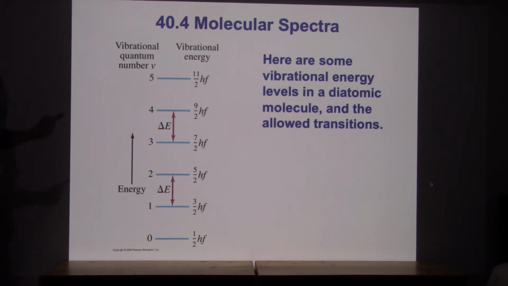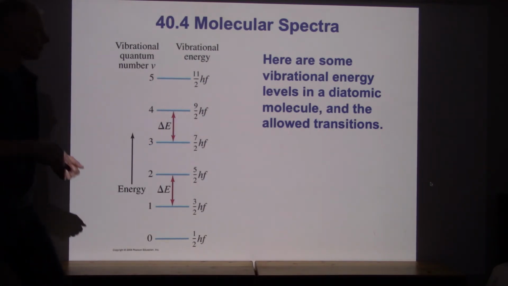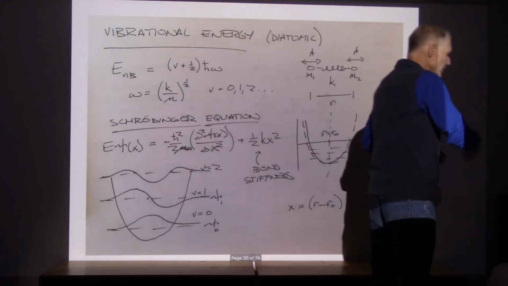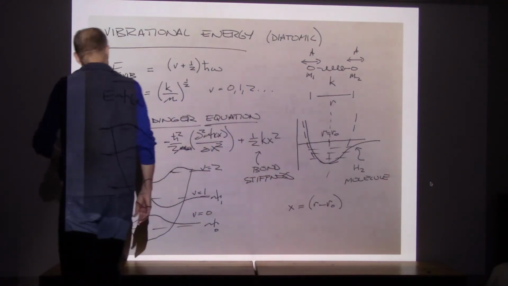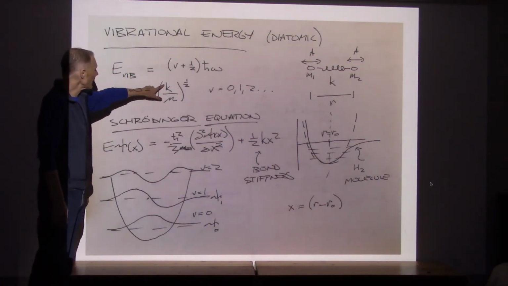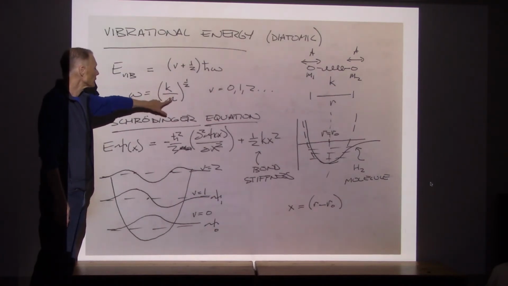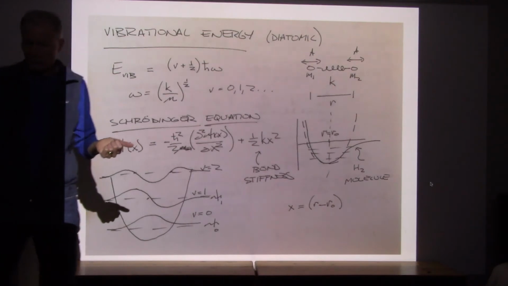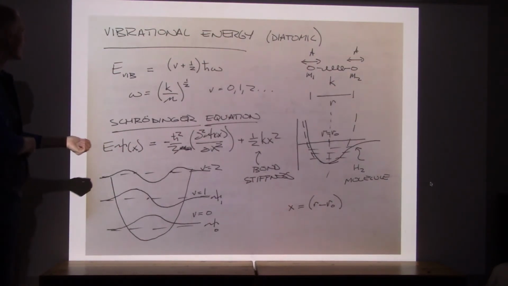And remember, frequency is related. I've got to take a step back and look at this too. How was frequency defined? Because frequency doesn't really have a meaning for these molecules. Frequency is defined by the bond stiffness divided by the reduced mass. So that's something we also saw in classical physics back in Physics 4A.